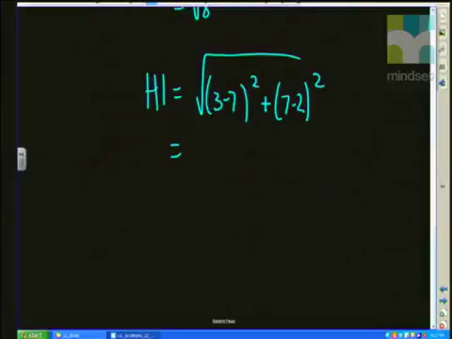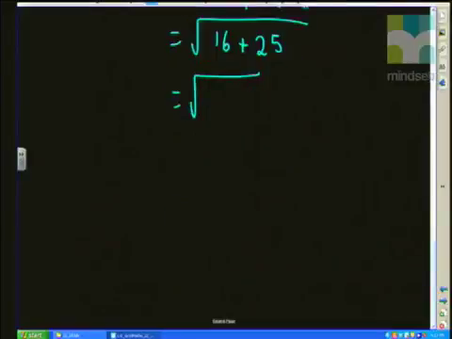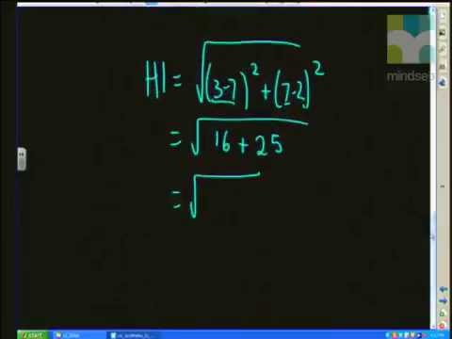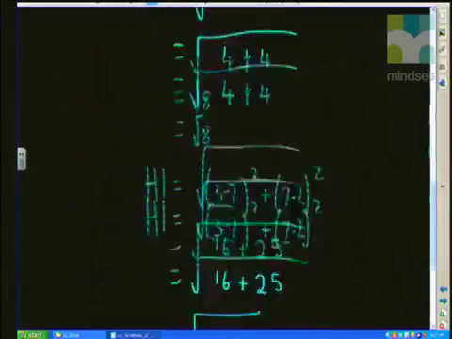That's the distance between those 2 points squared, and this is going to be the root of: 3 minus 7 is 4, 4 squared is 16, plus 7 minus 2 is 5, 5 squared is 25. Because I'm doing all of this in my head, there is quite a huge possibility that I might add up incorrectly, and hopefully it's keeping you guys on your toes and you're checking that I'm not making any silly mistakes. So this is going to give me 6 and 5, that's 11, carry 1, that's going to be 41.